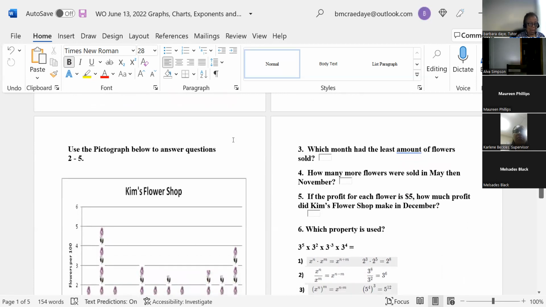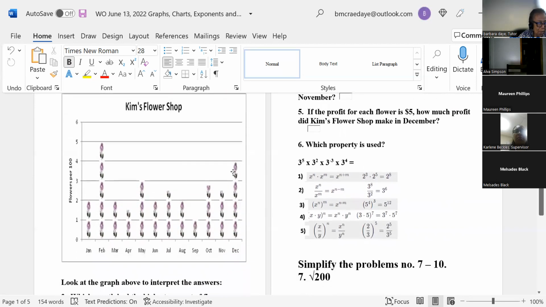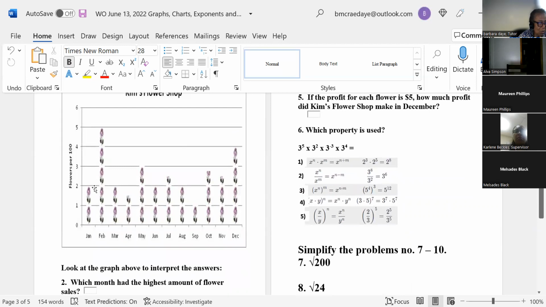Now I gave you Campbell's Flower Shop. When you look at this pictograph, each flower represents how many flowers? Each picture, Maureen.